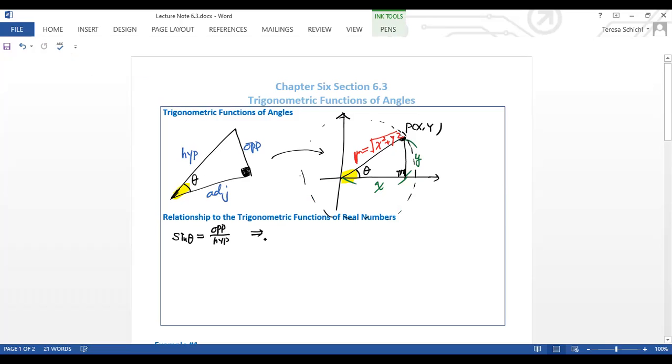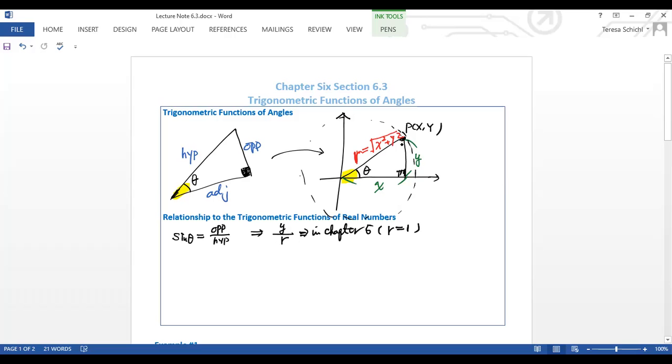For the real number version, the opposite is y, so sine is y over r. It's the same as the definition in chapter 5. Do you remember that in chapter 5, since we were in the unit circle, our r was 1? That's why in chapter 5 we said sine theta is equal to y.